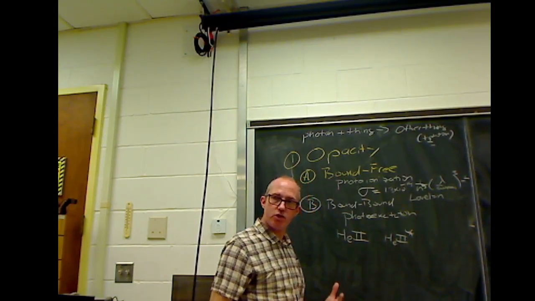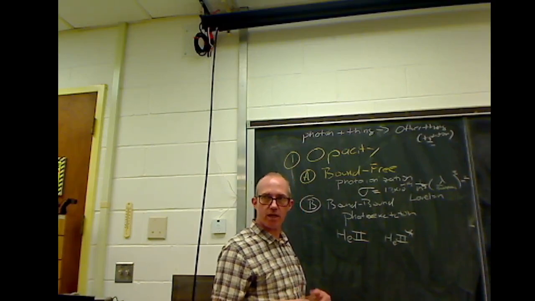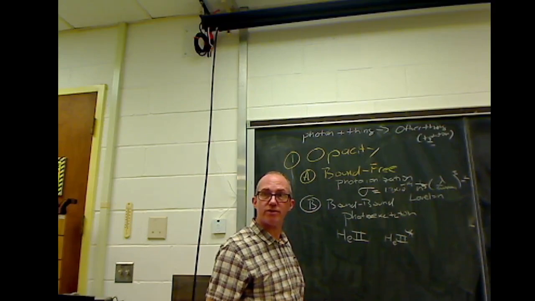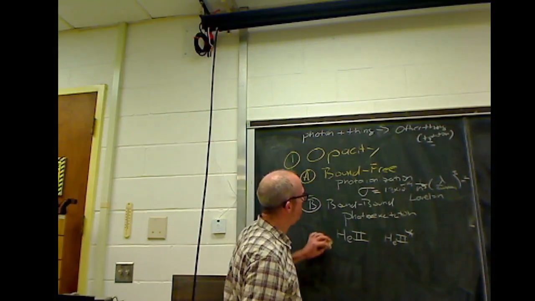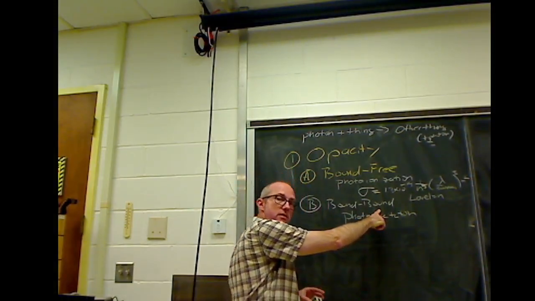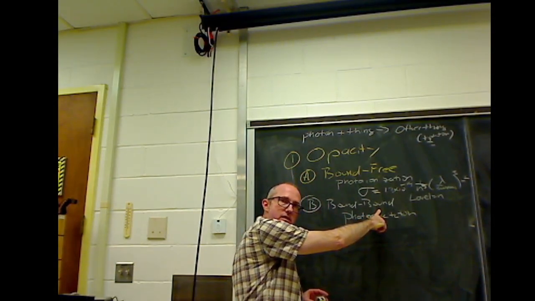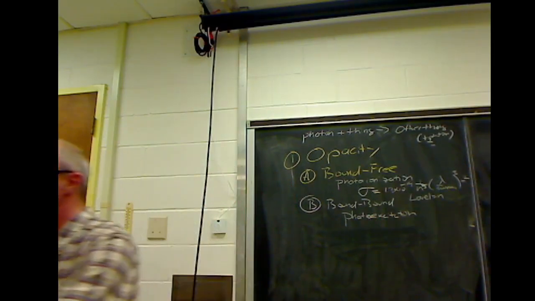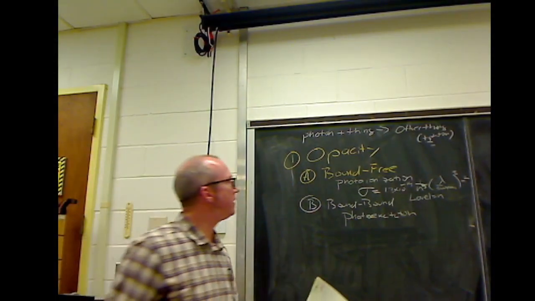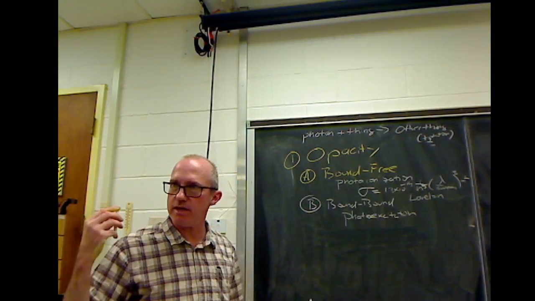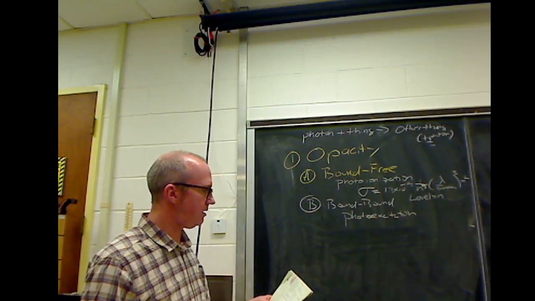So those would be my two bound states, even though I'm starting with something ionized. So it's about whether or not you lose an electron in the process. If you don't lose an electron, it's bound-bound. But you do lose an electron in bound-free. Bound-free kicks an electron off the atom.